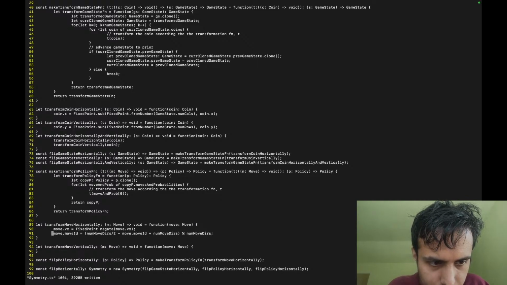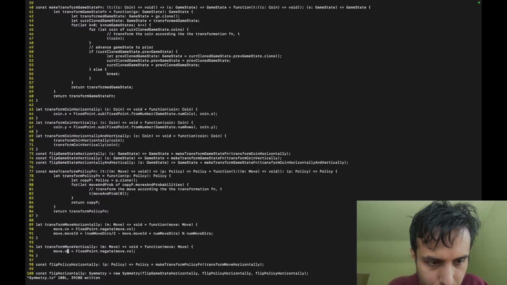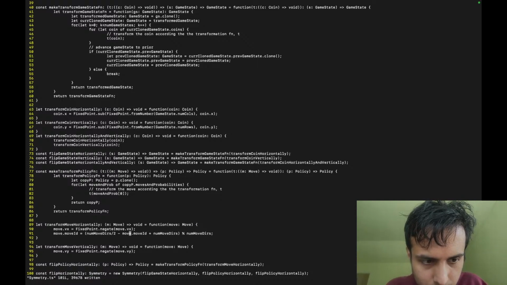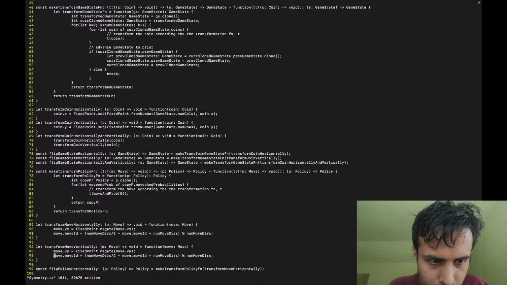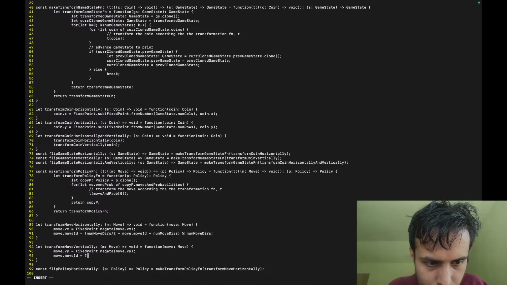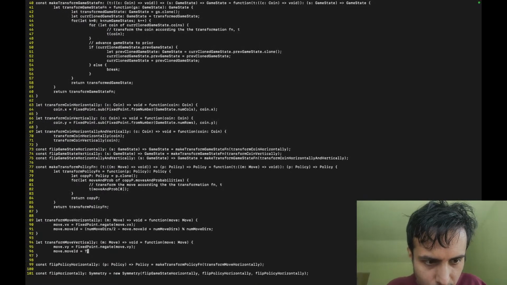So what we're going to do here, obviously, is flip not the x's, but the y's, right? And then this one. So now we need a new function.